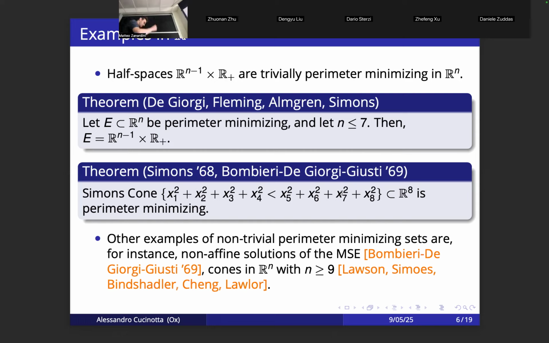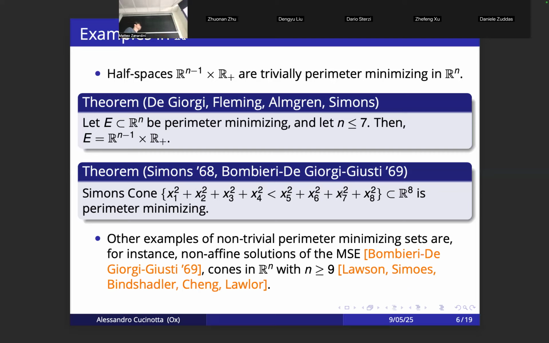Now, this is the most celebrated example, but after the construction of the first perimeter minimizing sets, many more were constructed. Another key example is given by non-affine solutions of the minimal surface equation. This was done by Bombieri, De Giorgi, and Giusti in the same paper where they proved that the Simons cone is perimeter minimizing.